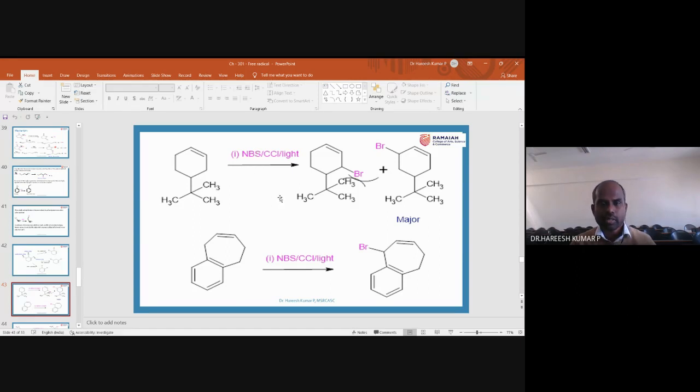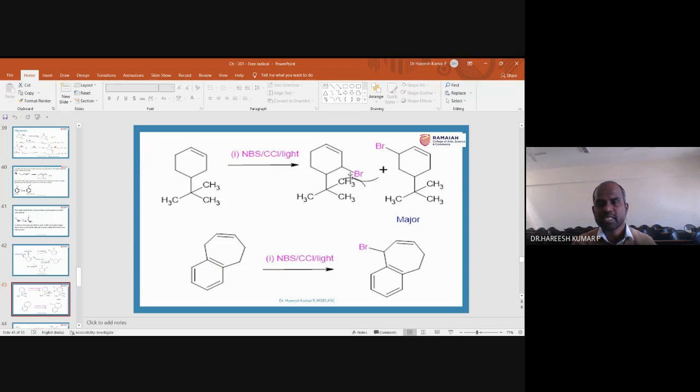Suppose a Br is forming a bond with this allylic carbon. Br, you know that it's a bulky group, and a tertiary butyl group is also a bulky group. That is the reason there is a steric hindrance. This representation is called steric hindrance.